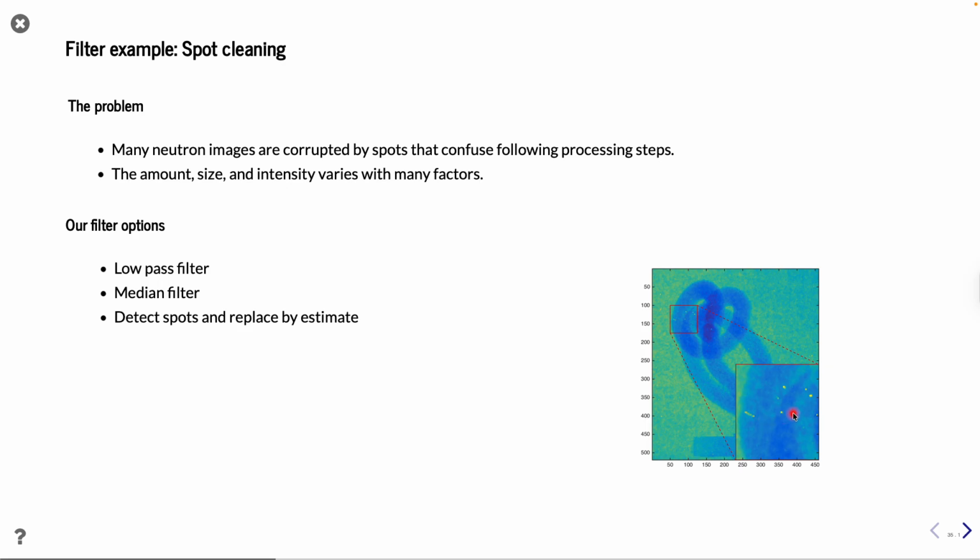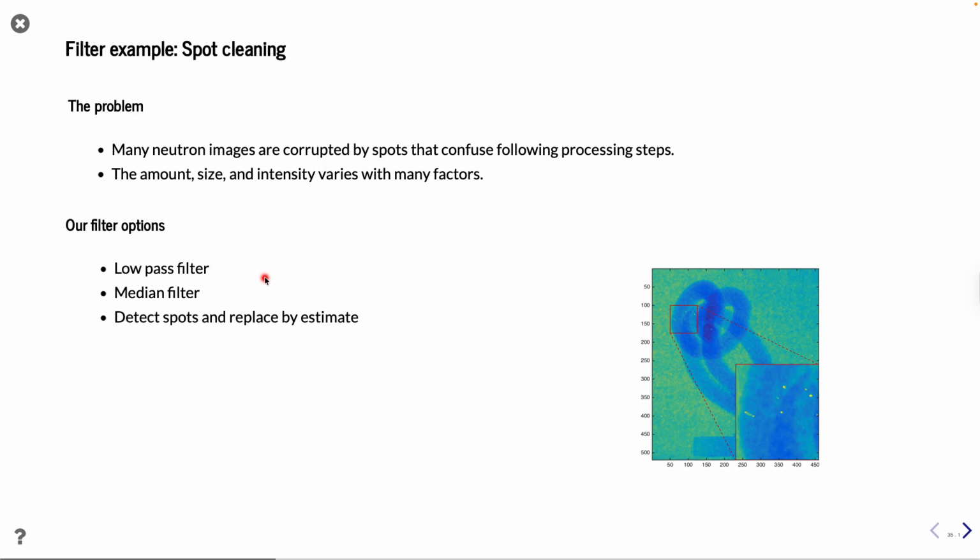And another thing with the median filter, it in a way destroys the statistical properties of your image. So it's not fully true that you can use a Gaussian noise model after applying the median filter.